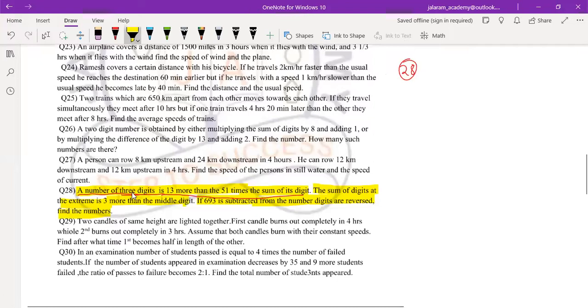So first we start: a number of 3 digits is 13 more than 51 times the sum of its digits.